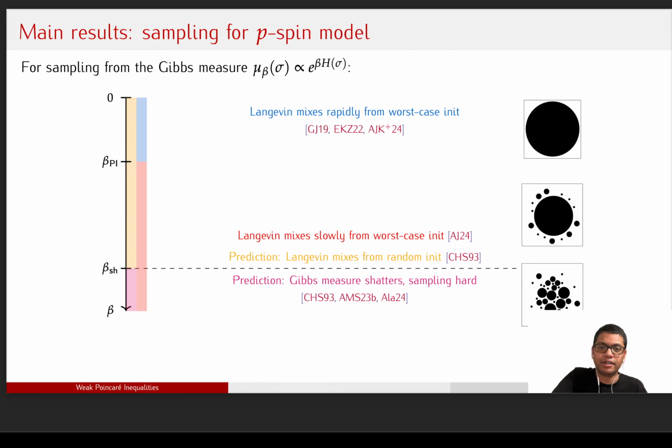But above this threshold, there are actually states at which you can initialize where Langevin mixes slowly. And these states, you should visually think of them as being these tiny bubbles surrounding the big mass in the middle. And the intuition you should have in mind is that if you initialize randomly, you actually very likely end up in the big mass in the middle and hence do mix fast.